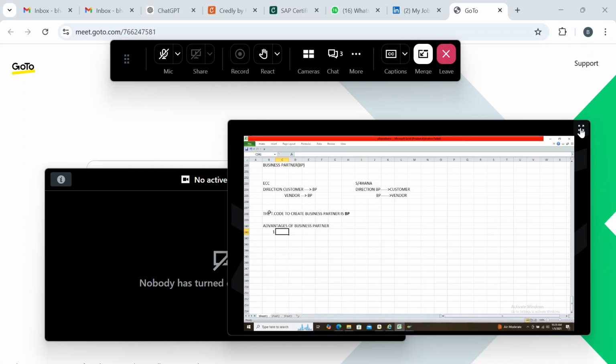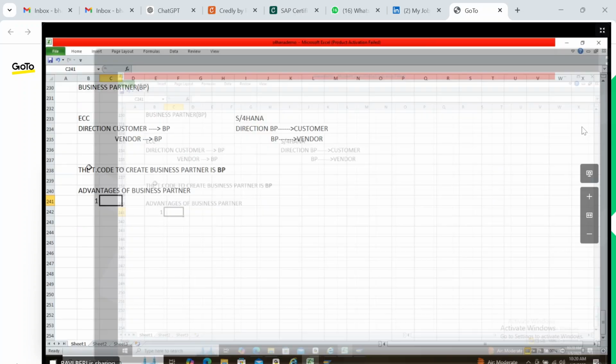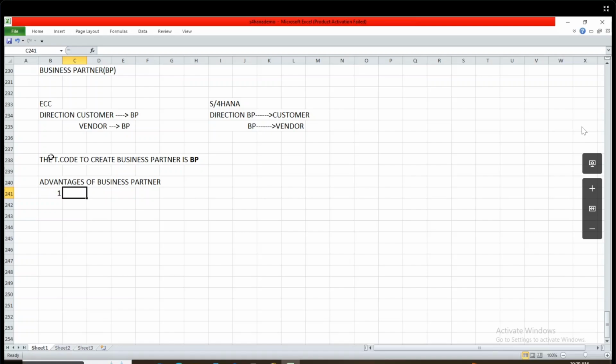We have XD01, XD02, XD03, FD01, FD02, FD03, VD01, VD02, VD03, then VD04, VD05, VD06, XD04. Like that there are so many T codes. Now here, for everything, only one T code.